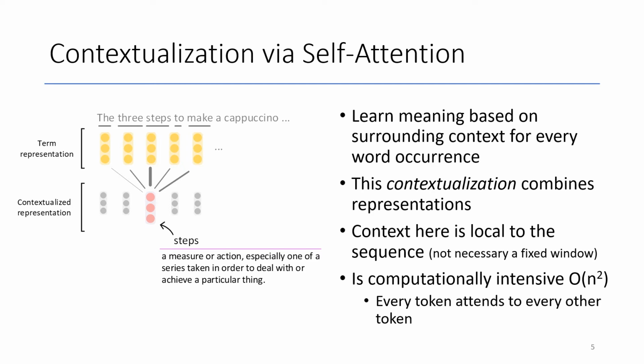And then we also have to say right off the bat that the general idea here is very computationally intensive, because for every contextualized output representation, you need to combine all other term representations, which means that you get an O of n squared complexity.